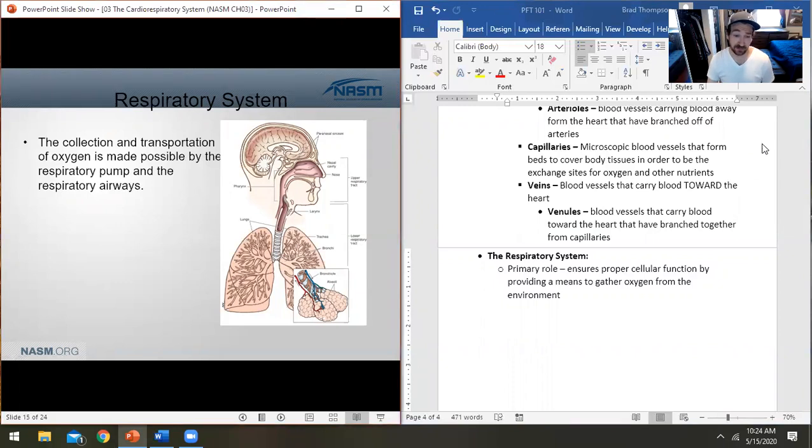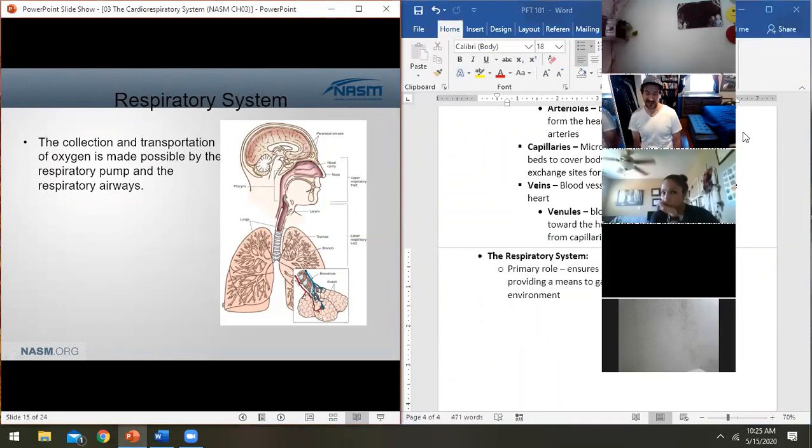By the way, earlier we were talking about how we have a closed vascular system. There are animals that don't have closed vascular systems. They don't rely on blood vessels, like spiders, for instance. That's kind of a weird one. Spiders actually have an open vascular system.